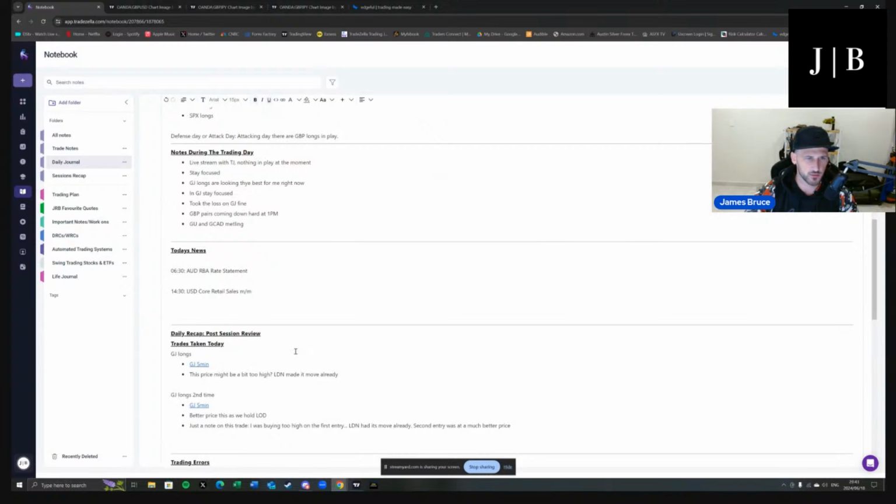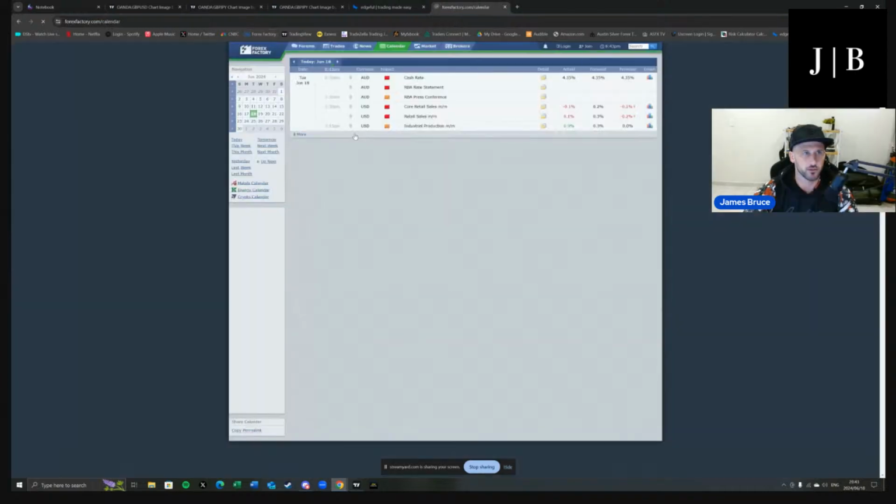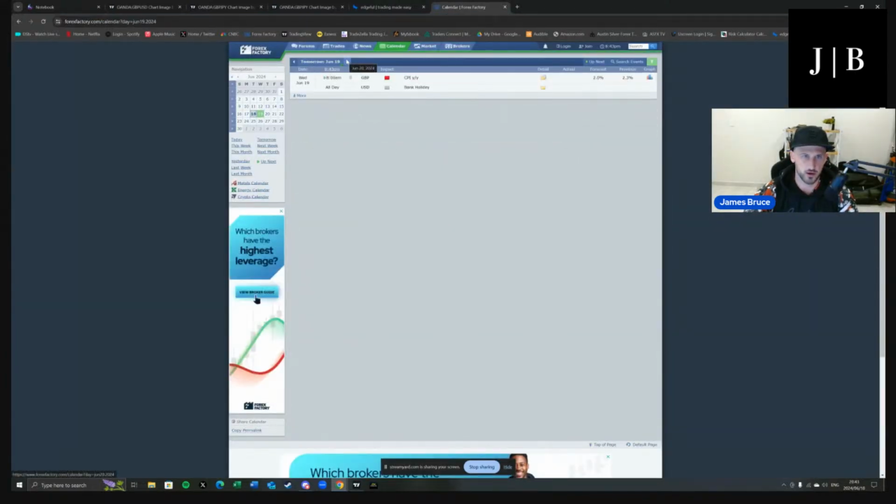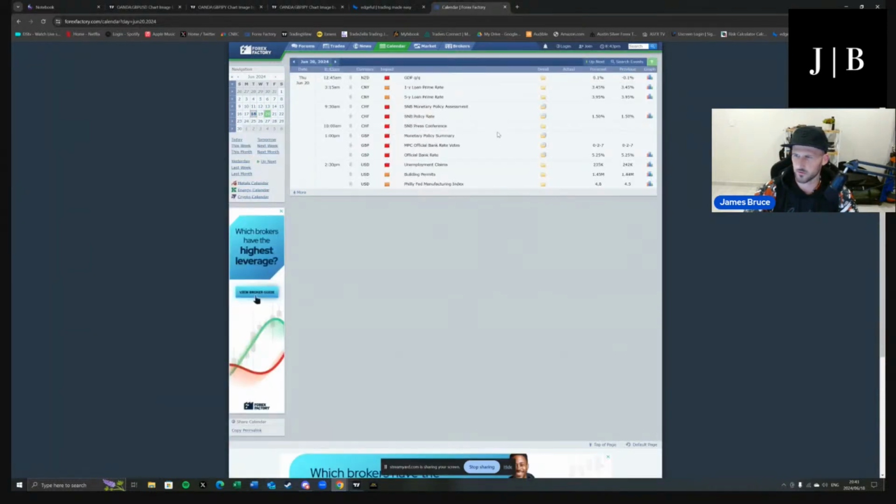Heading into the bank holiday tomorrow, we do have GBP interest rate news on Thursday, if I'm not mistaken. So let's go. As you can see, tomorrow is a USD bank holiday. We also do have GBP CPI tomorrow. So good to kind of avoid, particularly for me who trades mostly GBP pairs.